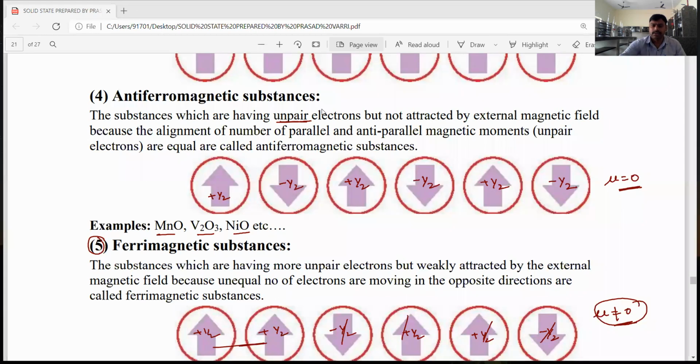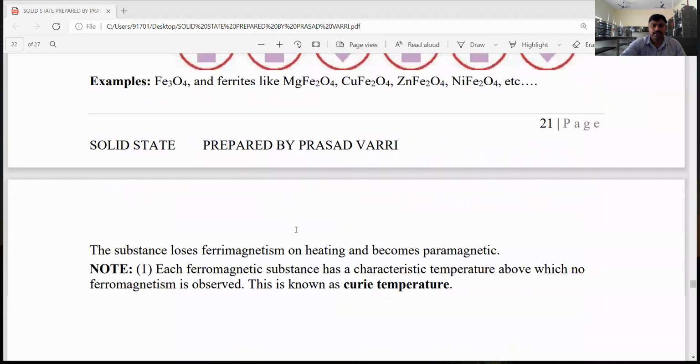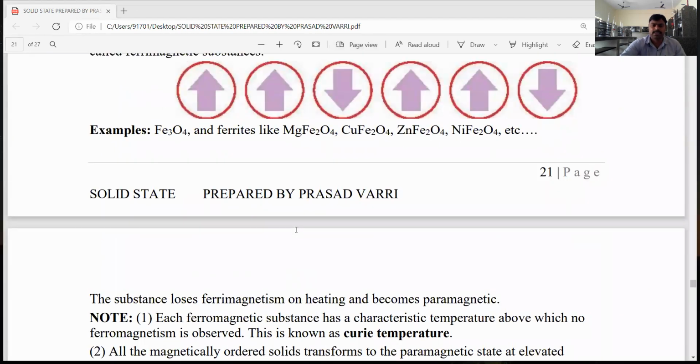Okay, dear students, let's go for examples of ferrimagnetic substances. Examples: Fe3O4, iron oxide, and some ferrites. Fe3O4 is a mixed oxide. It is FeO and Fe2O3. So here iron is present in +2 and +3 oxidation states.